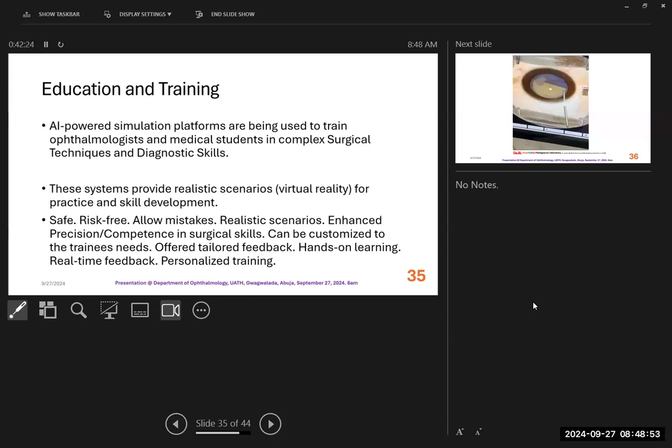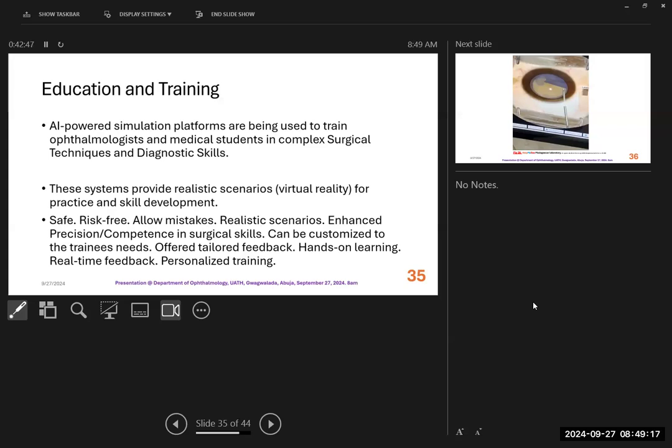Education and training. We have AI-powered simulation platforms, which are being used to train ophthalmologists and medical students in complex surgical techniques and diagnostic skills. These simulation platforms are very safe and risk-free.